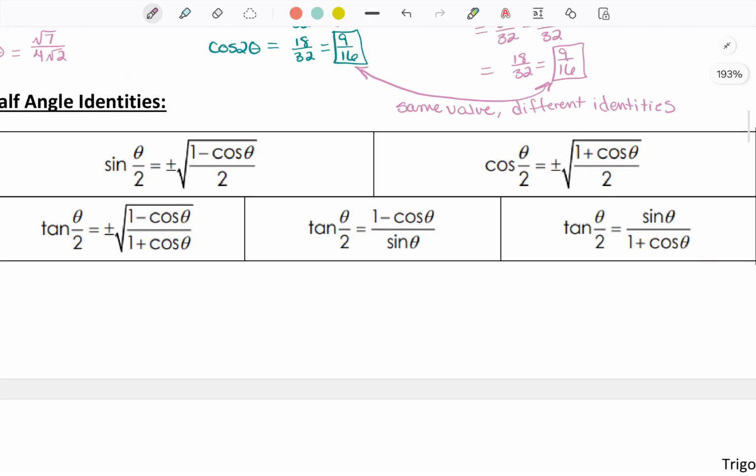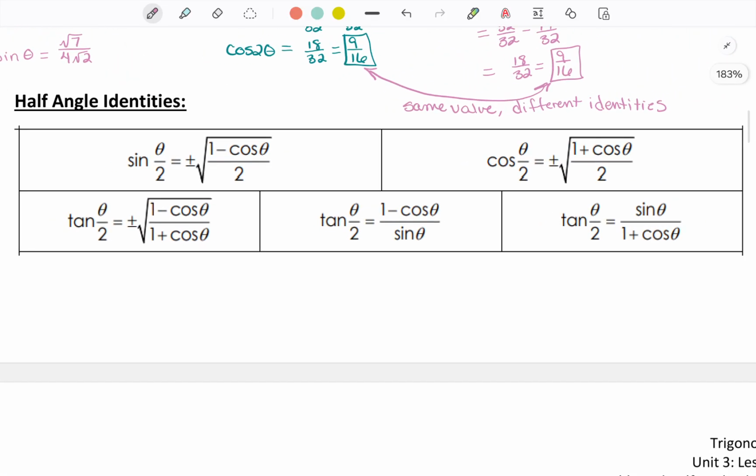All right, so for half angle identities, this is when you need half of an angle, or a weird angle that double that angle might be on your unit circle, or just given values, kind of like we did with the double angle. So we do have only one identity for both sine and cosine.